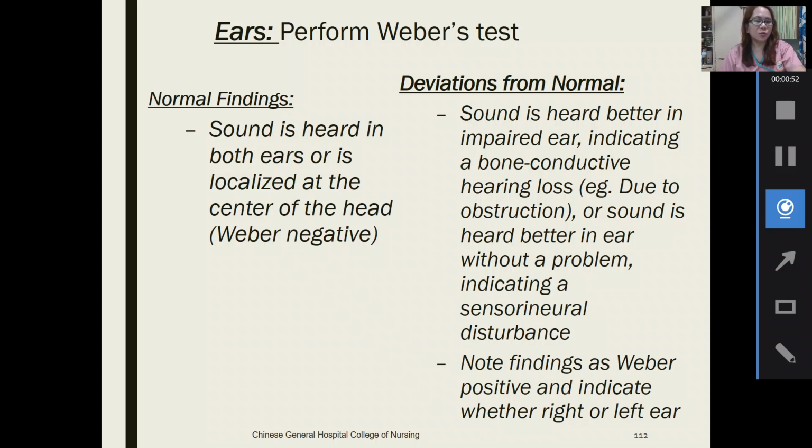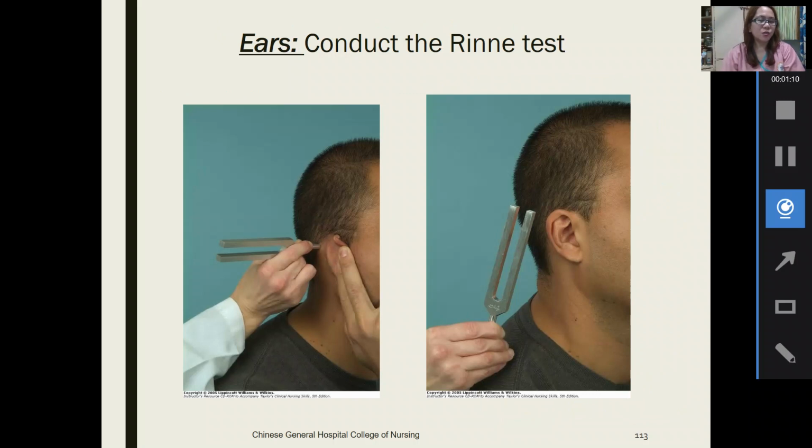That might also indicate a sensorineural disturbance. So you have to note findings as Weber positive, okay, and indicate whether it is right or left ear, okay.